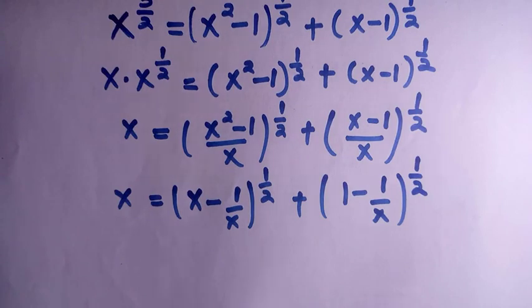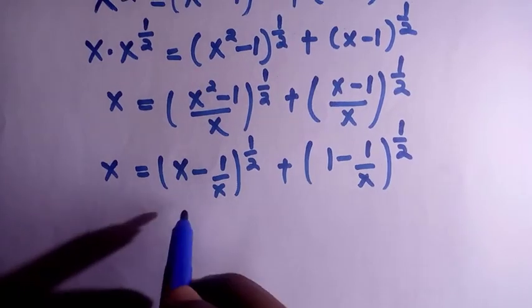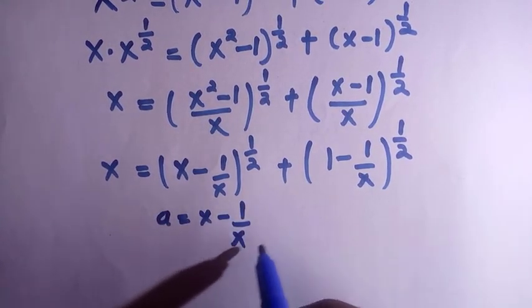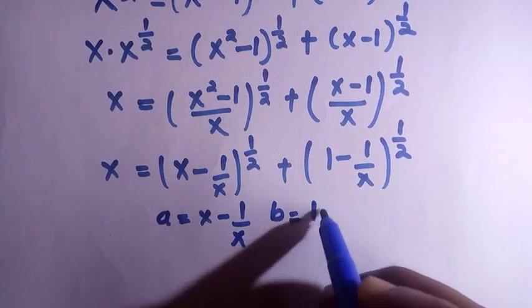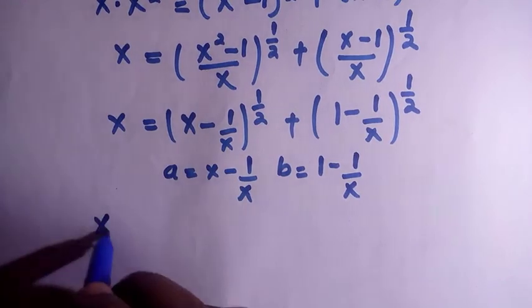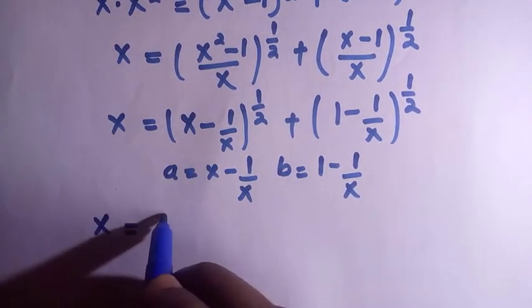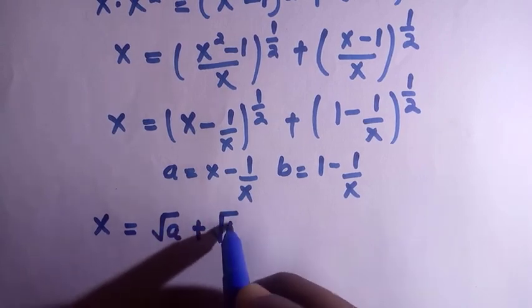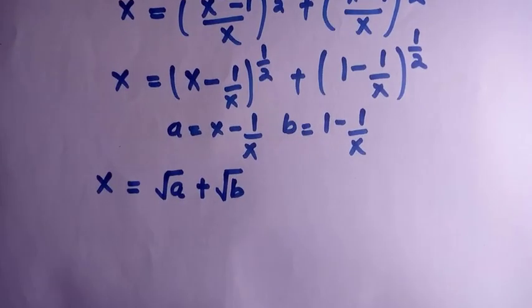So getting to this stage, if I let a be equal to x minus 1 over x, and b be equal to 1 minus 1 over x, so we know that x will be equal to the root of a plus the root of b, as half is still the same thing as root.